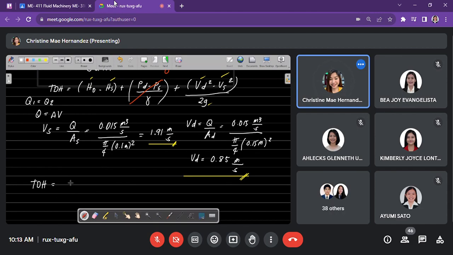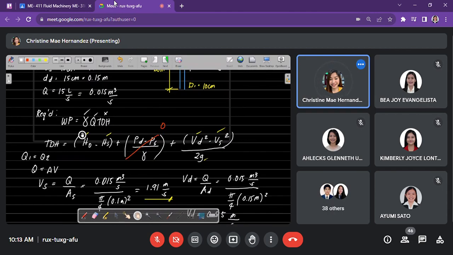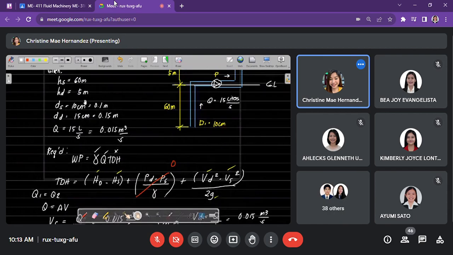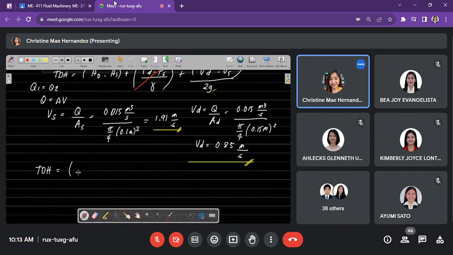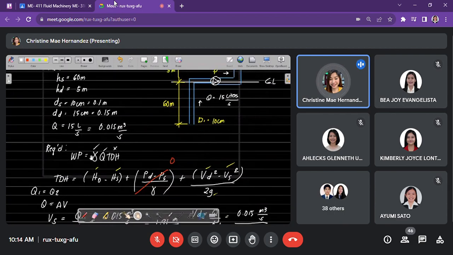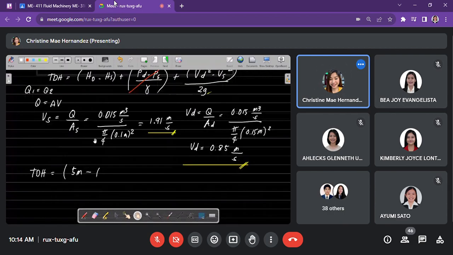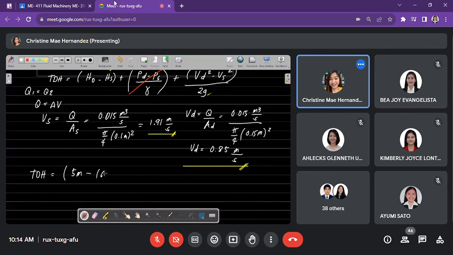Yan, okay na ulit. So, yung ating head ng discharge is 5 meters minus yung ating head ng suction, which is 60 meters. So, ito na yung ating elevation head: head ng discharge minus head ng suction.